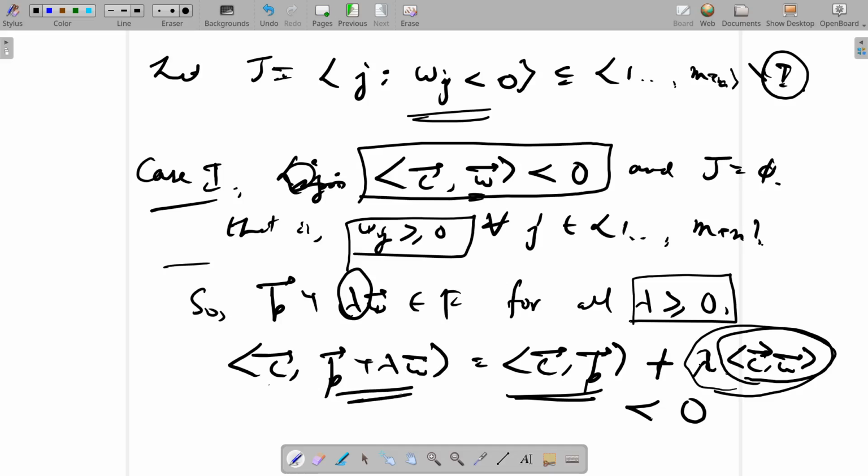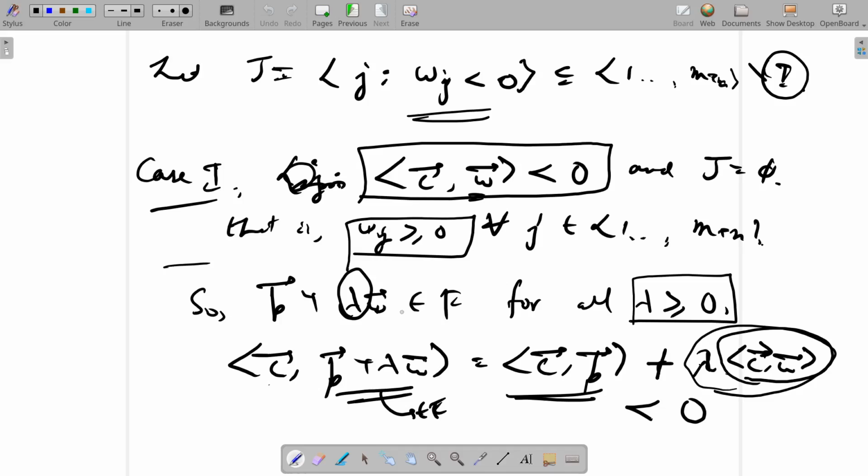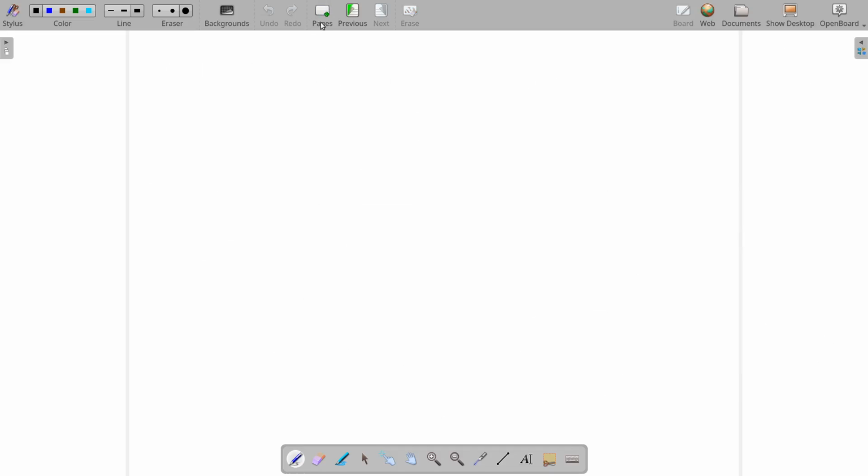At the same time, this belongs to F. So what you have been able to do is replace P with P plus lambda W, whose value actually goes to minus infinity. So that takes care of this part. We can choose lambda arbitrarily large in such a way that P plus lambda W is in F, and this inner product can be made arbitrarily small. So that took care of case 1.